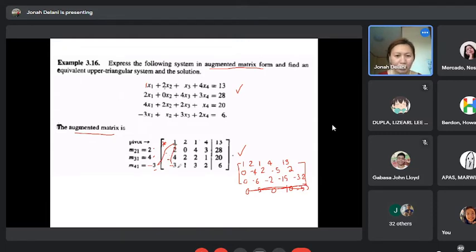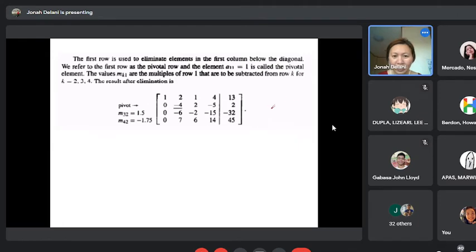So notice, this is now 0. The next objective is to make this part 0 as well. This time, the pivoting row would be the next row from earlier. We find the values to multiply and then subtract from this row.